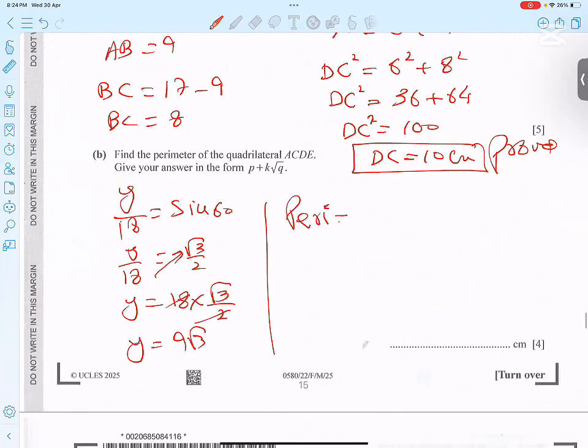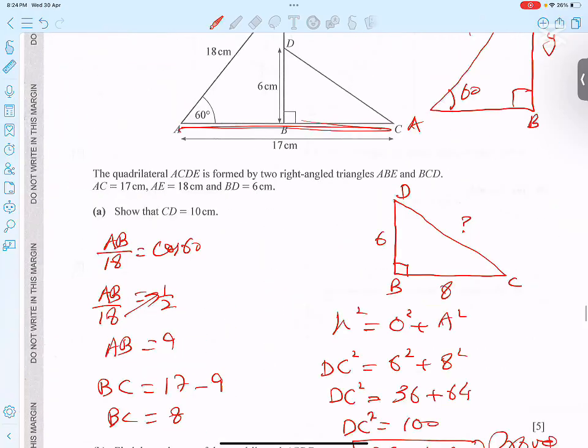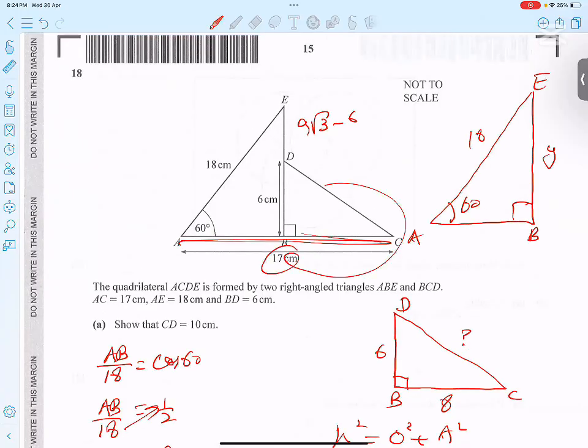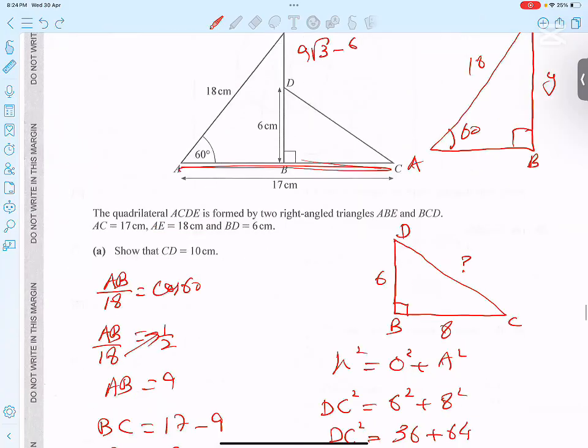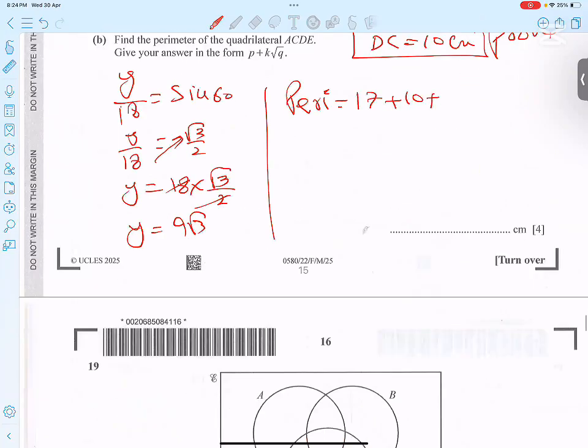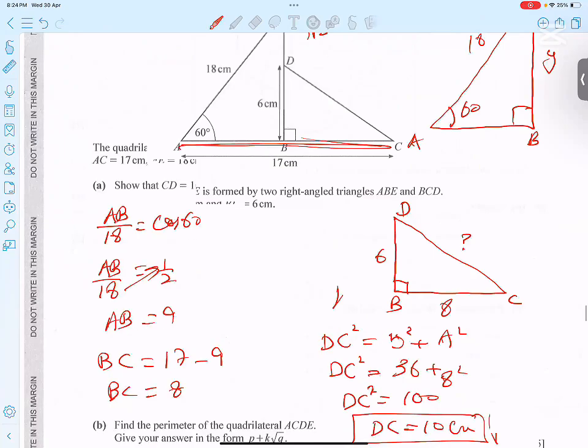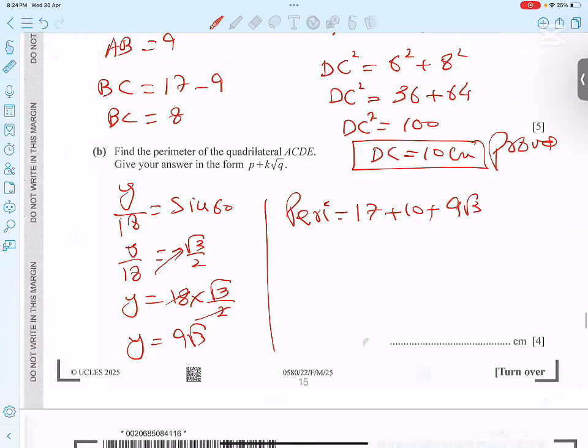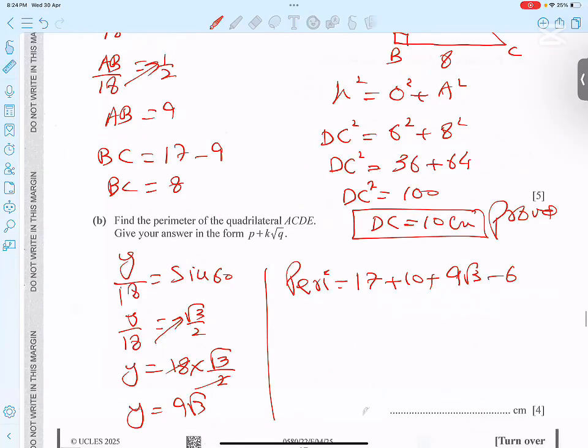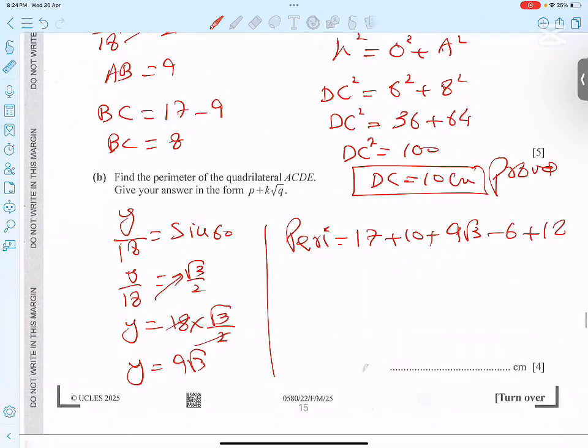And what is the perimeter now? Perimeter is basically adding all the outer boundary. I'm starting from here, 17 plus 10 plus this, and plus 18. So 17 plus 10 plus 9 root 3, 9 root 3 minus 6, and plus 18. That's it. If you check the values, 9 root 3 is there as it is.